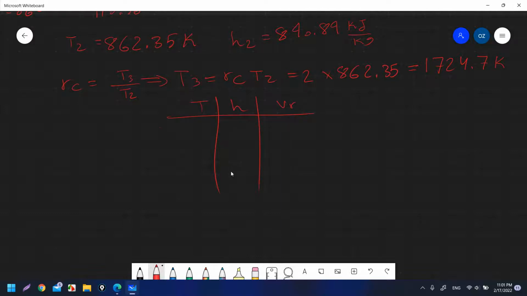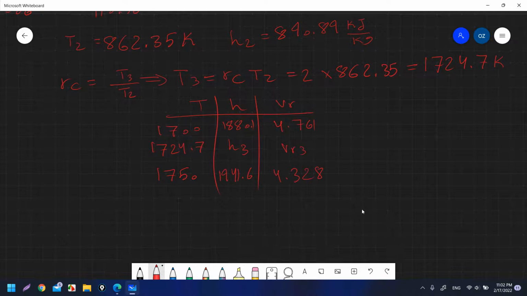T, h, vr: T is 1700, 1724.7, 1750; h is 1880.1, h3, 1941.6; vr is 4.761, vr3 which I want to find, and 4.328 from table A17.